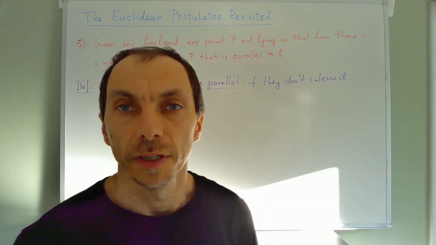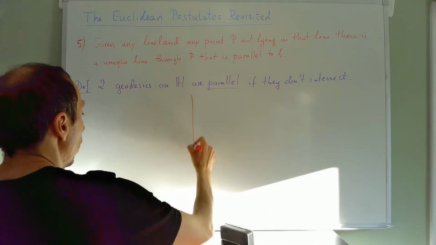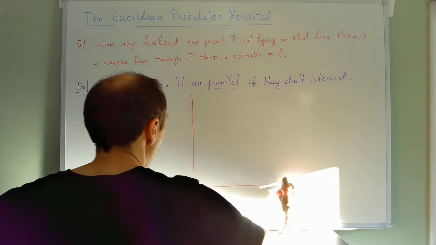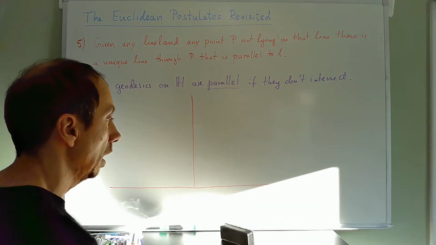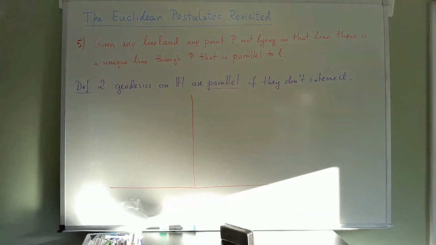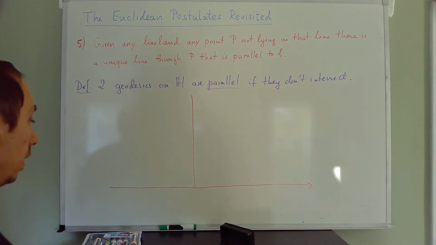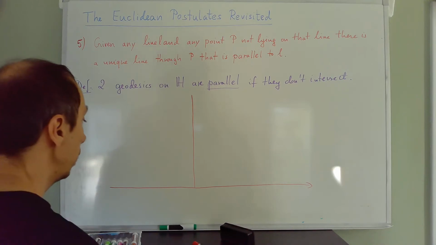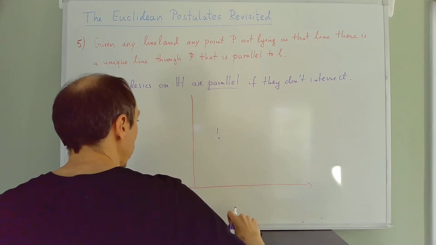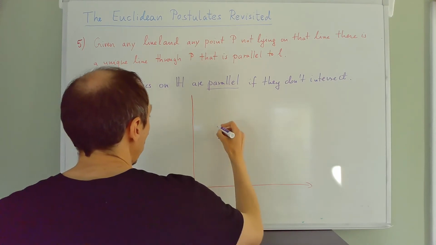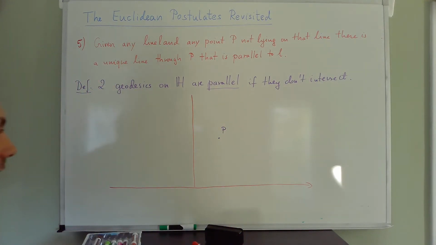Okay, so let's give ourselves a point and a line. So here is a hyperbolic plane. Let's get ourselves a point, P. And let's give ourselves a line.